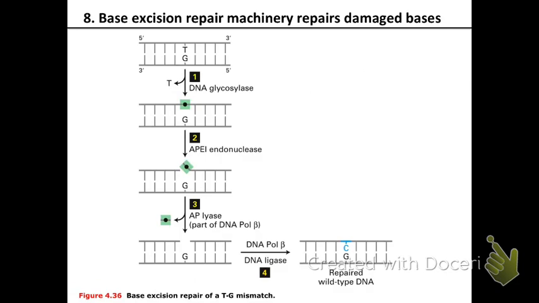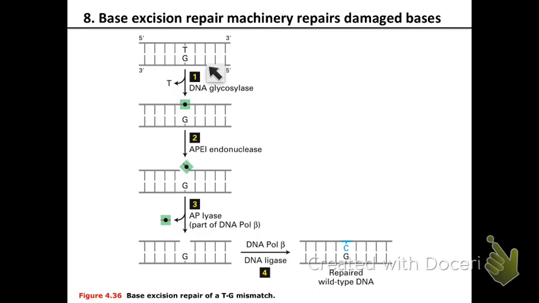So how does base excision repair work? For base excision repair, there are some proteins that go along the DNA and look for damage. The types of damage they recognize can be mismatches. It could be addition of adducts to the base. It could be regions of the DNA where the base is missing, so abasic sites.